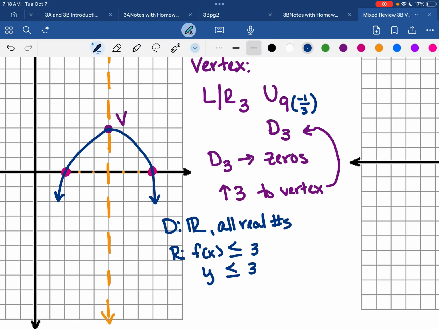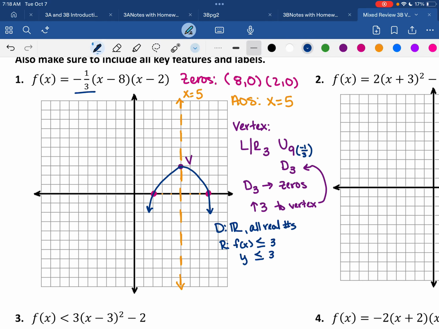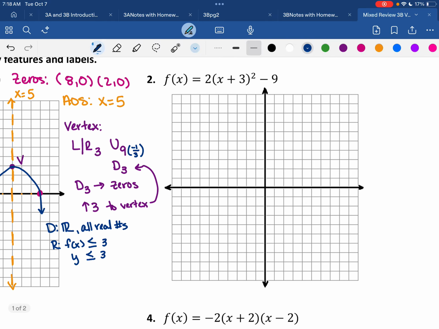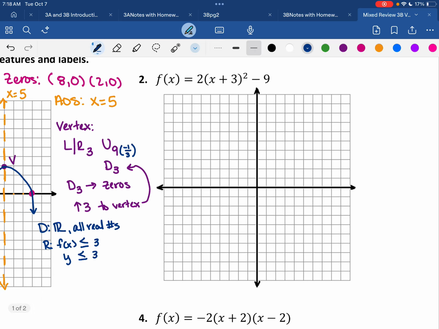So that's all you need to do. The same process follows on these graphs over here for vertex form. With the vertex, I'm going to just write it down as -3, -9. And then my axis of symmetry is at x equals -3.